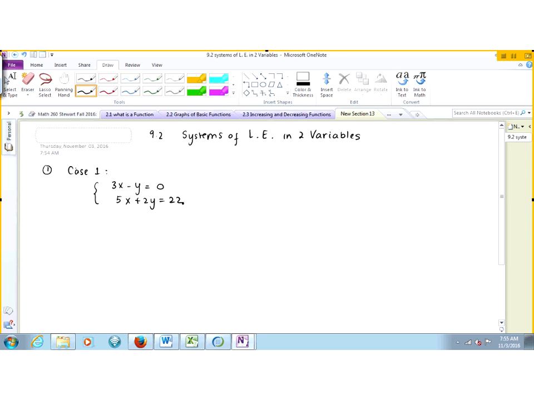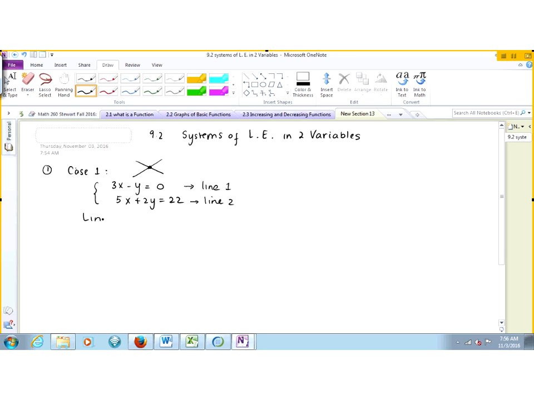Now, if we graph this, this is a line, and this is another line, right? Line 1 and line 2. Based on these, there are three cases. In this case, I'm not going to solve it or graph it, we have lines that intersect.